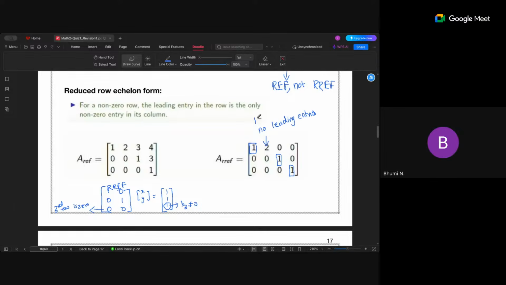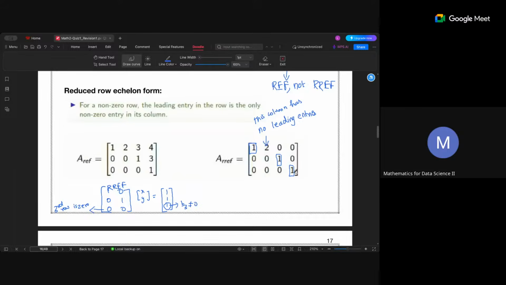So in this column, in place of 2, any number could have been there. And if the last entry wasn't 1, and 2 was another number present in the first row, last column, is it also a RREF form? No, because here you have a leading entry.